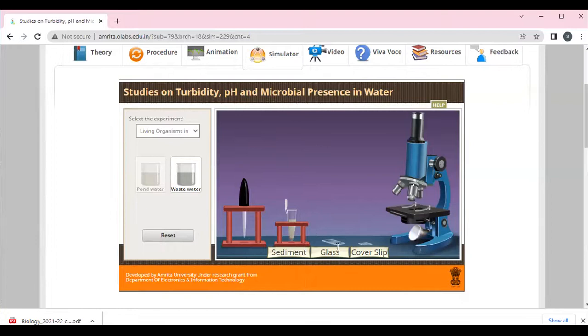These are then kept over the glass slides, covered with the cover slip, and then viewed under the compound microscope. Same way you will be using the wastewater, that is the sediments of the wastewater are taken, and then the cover slip and putting the slide over the microscope. You will possibly be looking onto the microbes which are present.